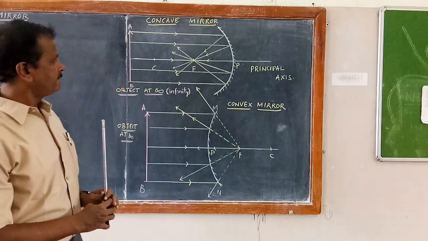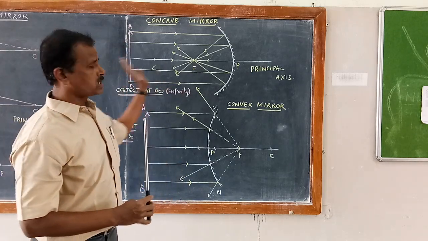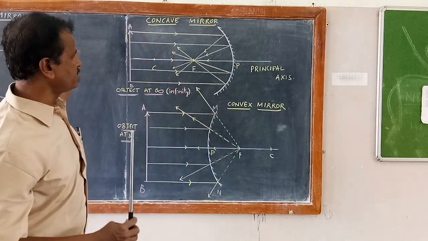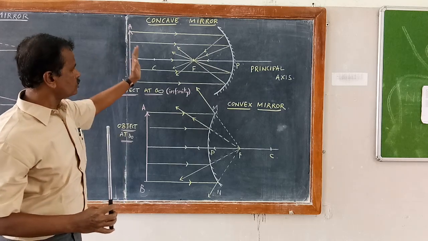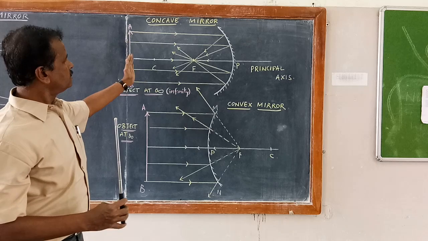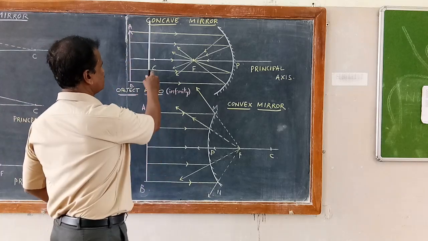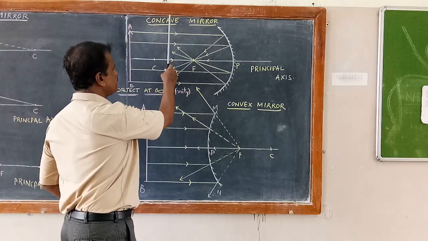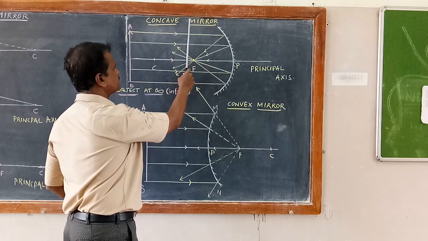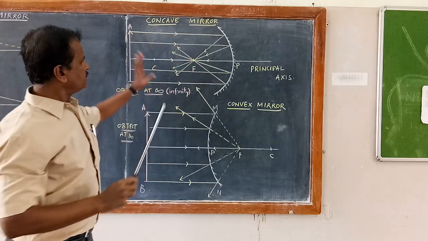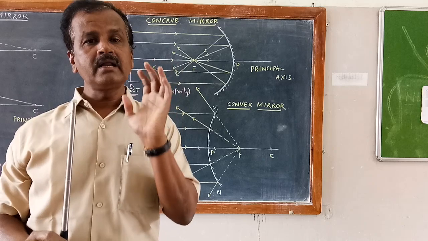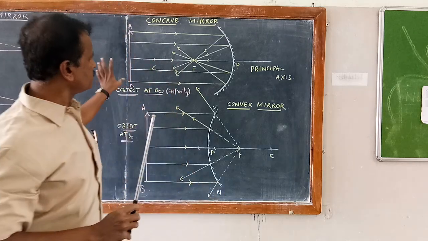You are going to see that for most of the cases, the concave mirror is going to form real images. When the object is at infinity, when the object is brought closer, kept beyond the center of curvature, when the object is kept at the center of curvature, when the object is in between C and F, and even when the object is kept exactly at F, in all these cases it is going to form inverted, real images, which can be obtained on the screen.